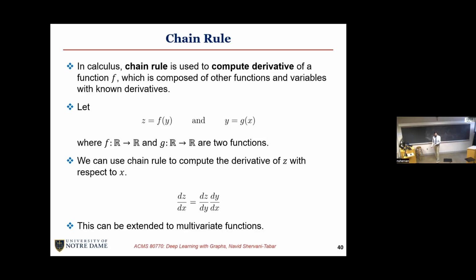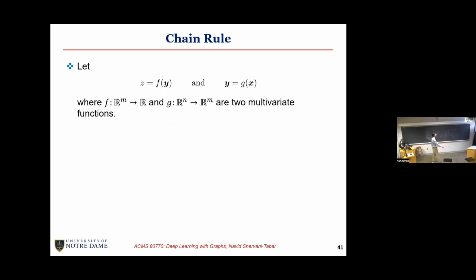Now, this can be extended to multivariate functions. So let's say that I have two functions f and g. g is a map from some n-dimensional space to m-dimensional space. So both your input and outputs are vectors of different dimensions. And you have a function f. The first one was g, the second one is f, which is mapping from some m-dimensional space to some real value. So this is a map from a vector to a real value.